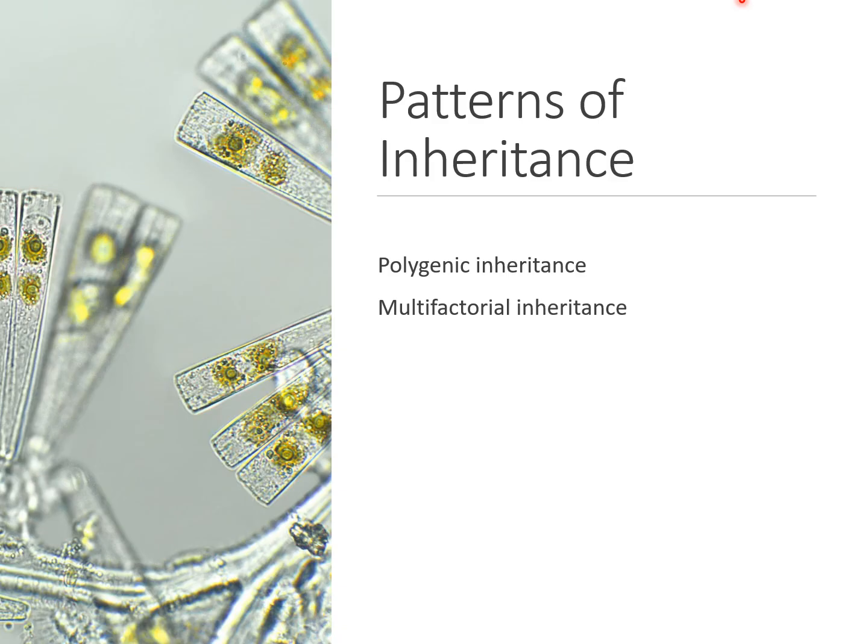And then we have multifactorial inheritance. That's similar to polygenic inheritance in that you have multiple alleles at different loci affecting the outcome. But the difference is that in multifactorial inheritance, we also add in different environmental effects on those genes. Sometimes people have the polygenic coding for a certain disease. I'll use the example of diabetes. There's a certain amount of inheritance that comes along with diabetes.